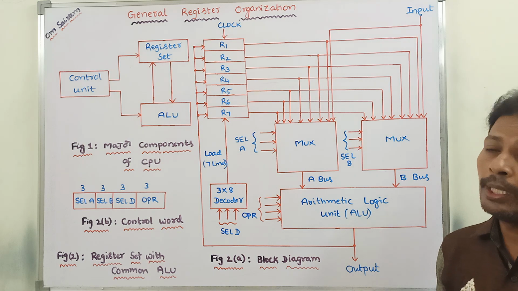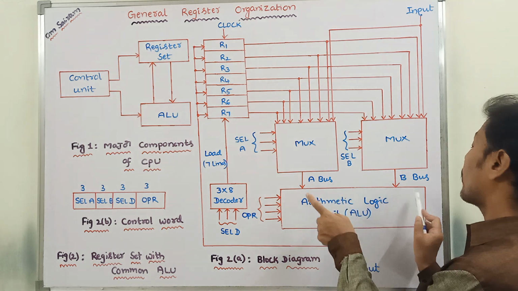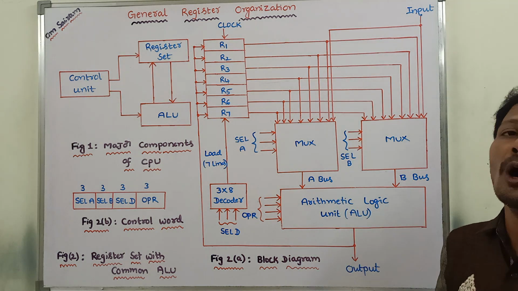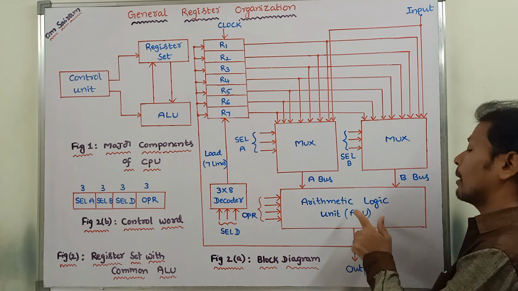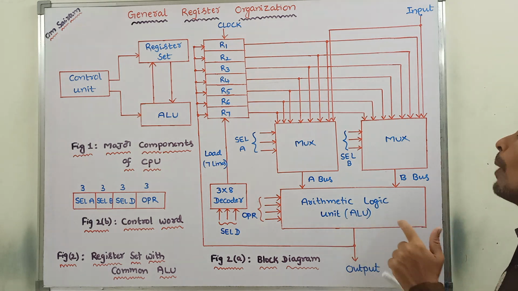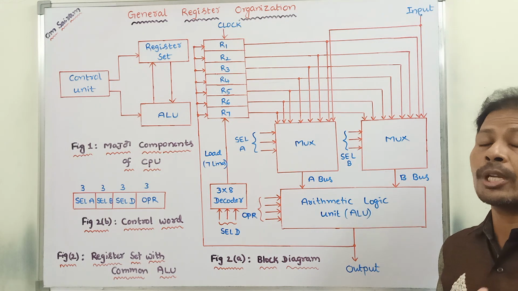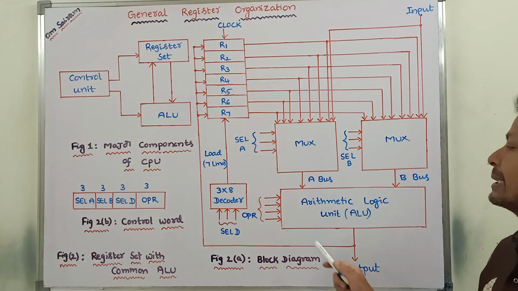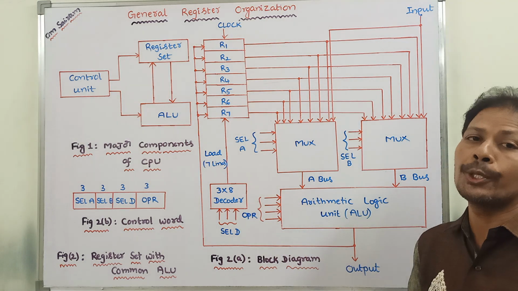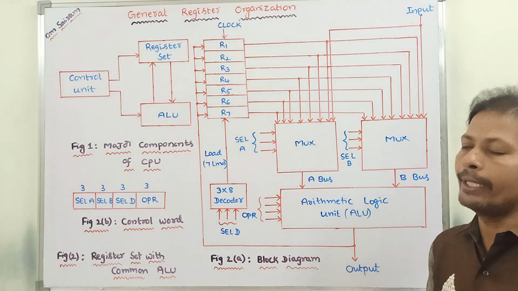Okay, next one, here this OPR field for the arithmetic logic unit specifies what operation we have to perform. There are 14 operations that can be performed through the arithmetic logic unit. Among those 14 operations, which operation we have to perform is determined by using the OPR field.